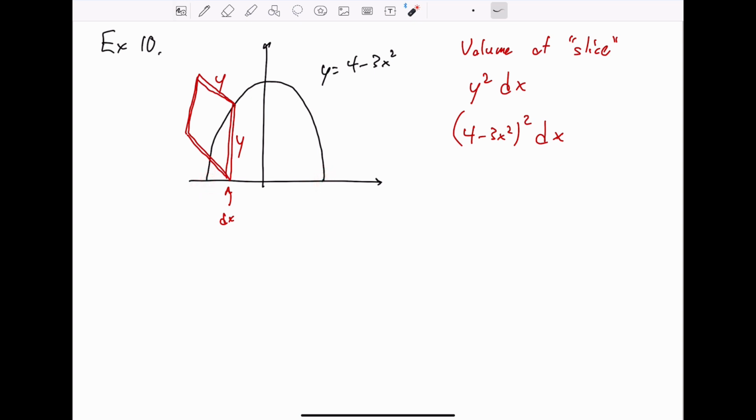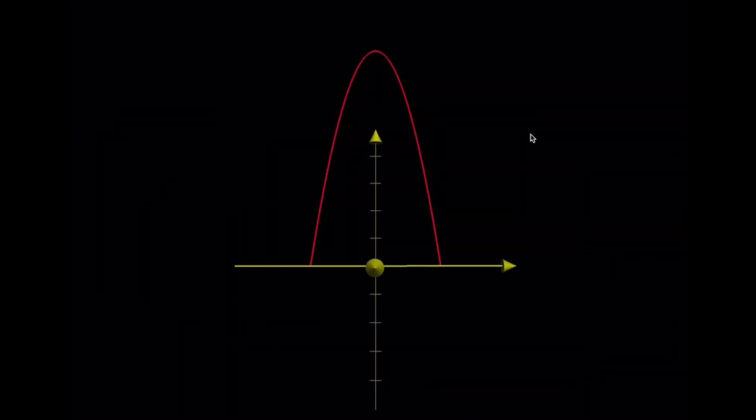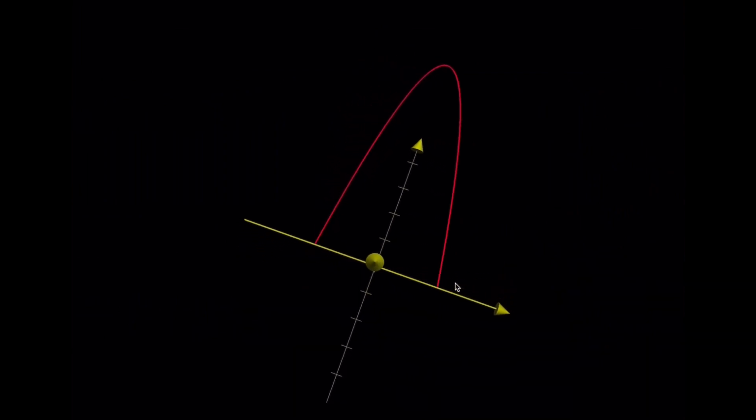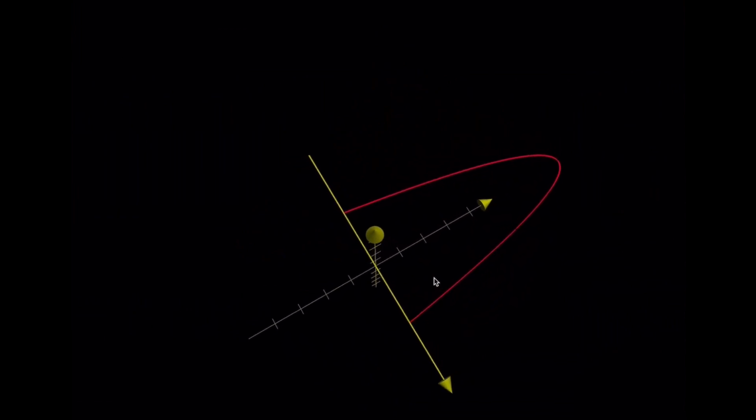But before we do that, let's make sure that we understand visually what this looks like by looking again at the 3D software. So here once again we have the parabola, and now we take cross sections perpendicular to the x-axis to be squares. So this is the base, and the cross sections now look like this.